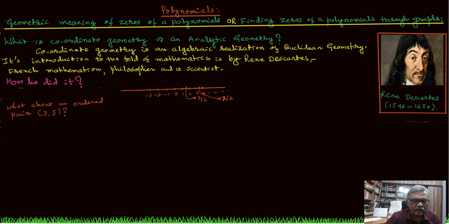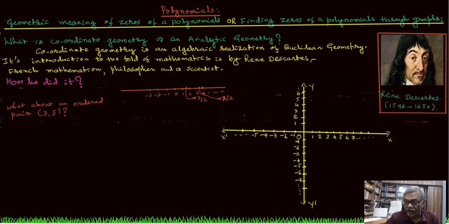Let us consider two mutually perpendicular lines, like on the right side of the figure here, where X'OX and YOY' are the two mutually perpendicular straight lines intersecting here.